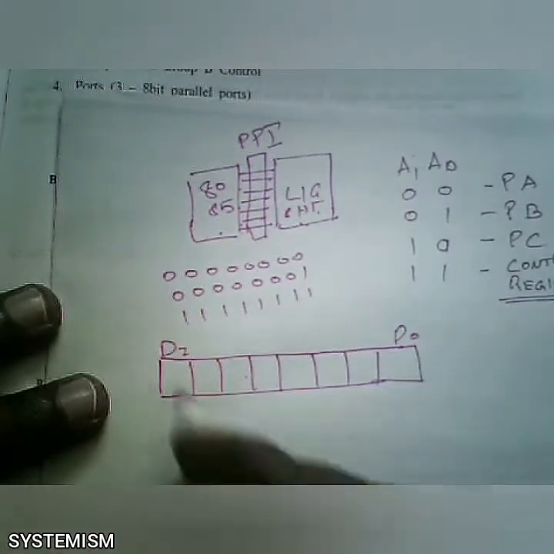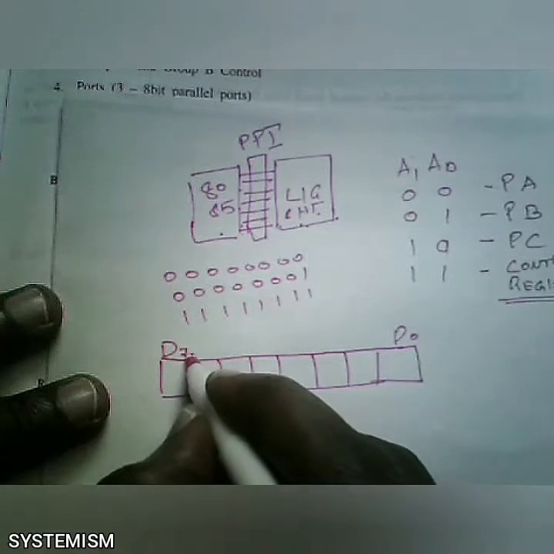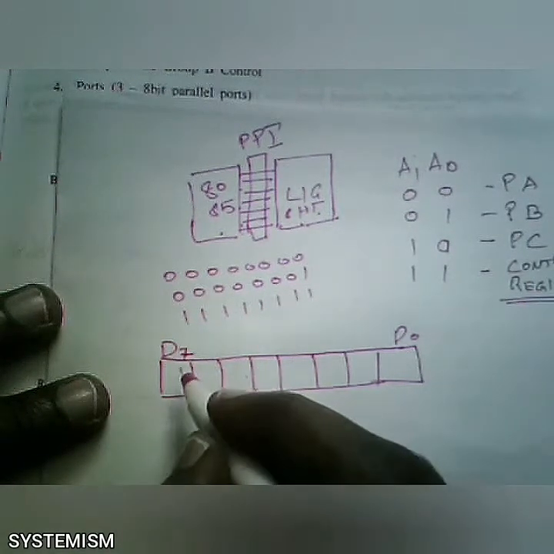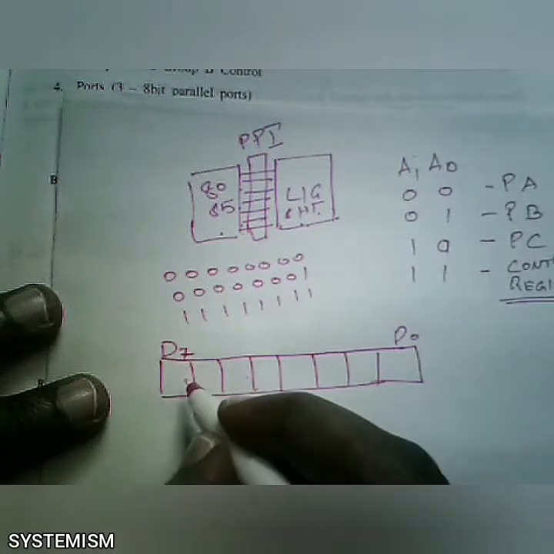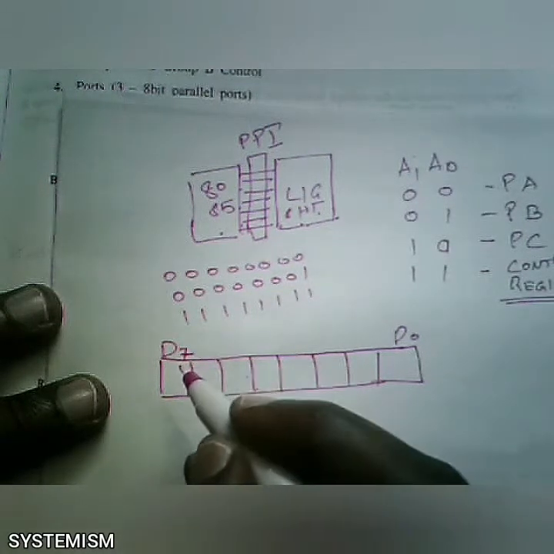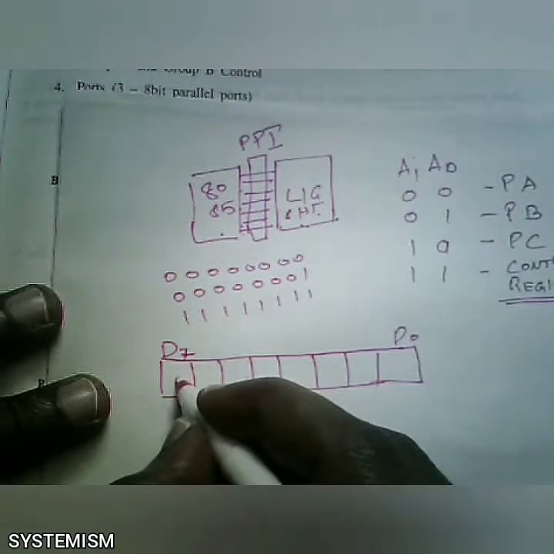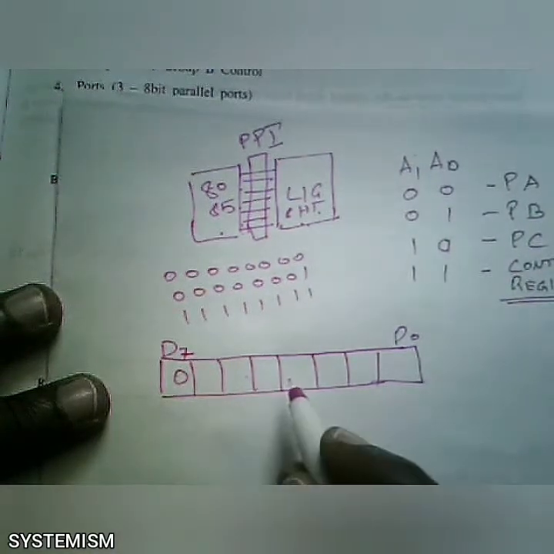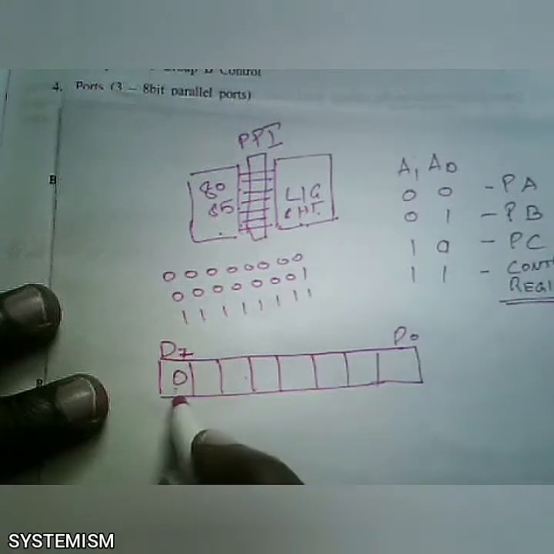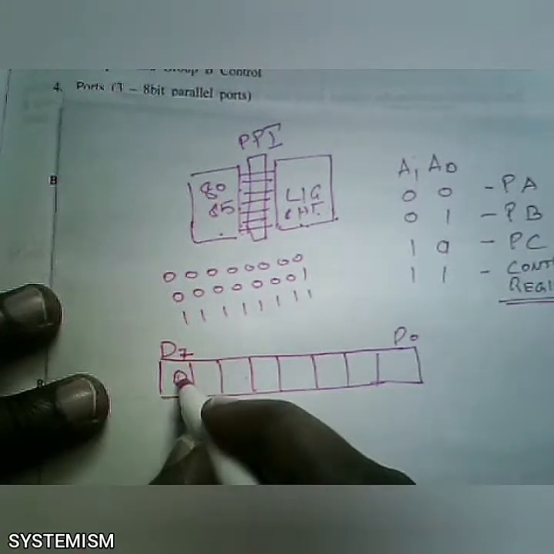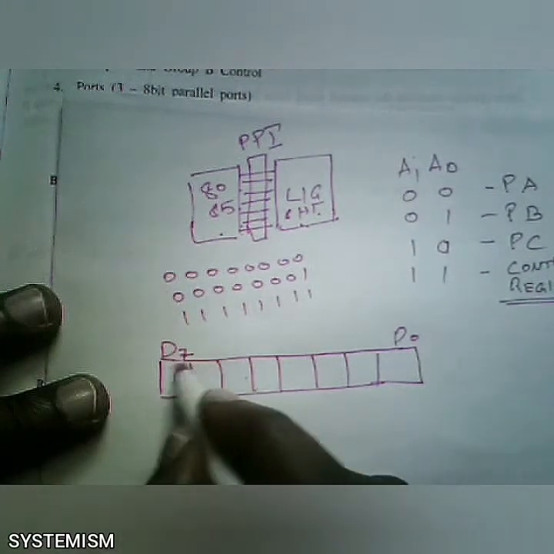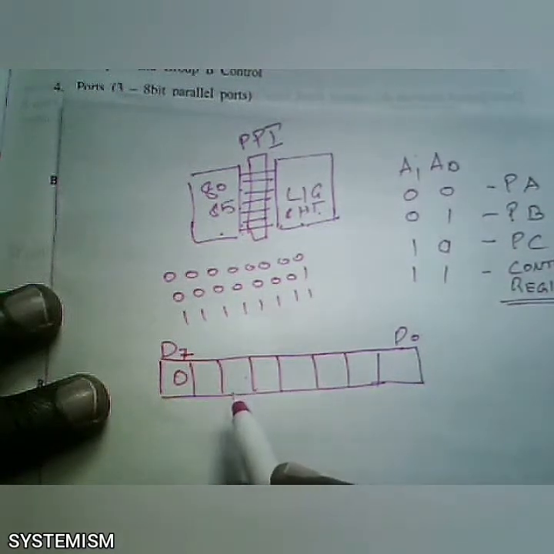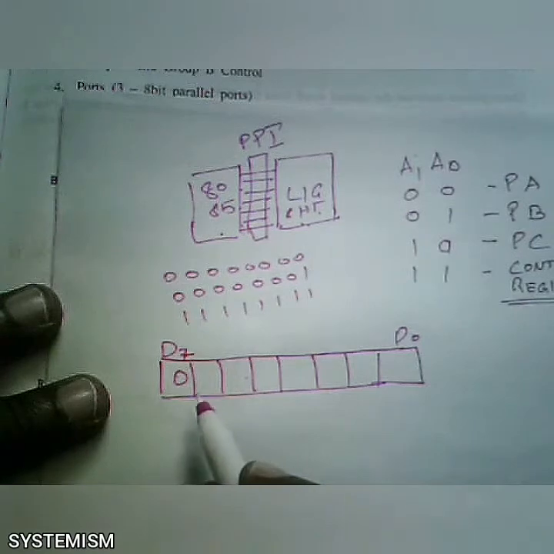The D7 bit specifies whether the mode is BSR mode or IO mode. If this bit is 0, then we need the 8255 to operate in BSR mode. If the D7 bit is 1, then we need the 8255 to operate in IO mode.